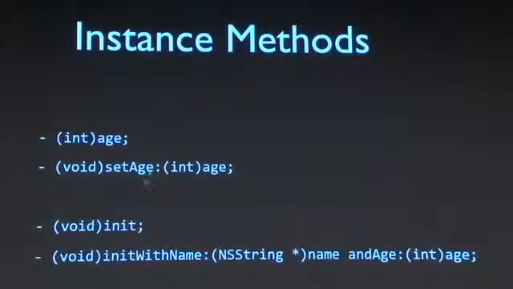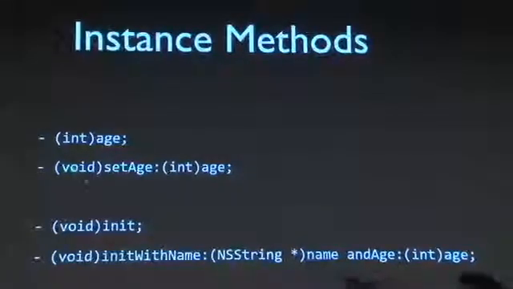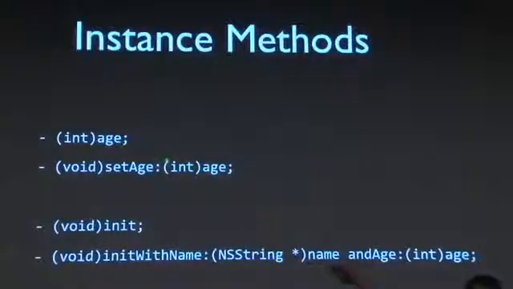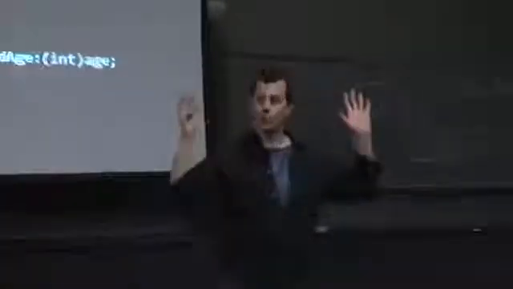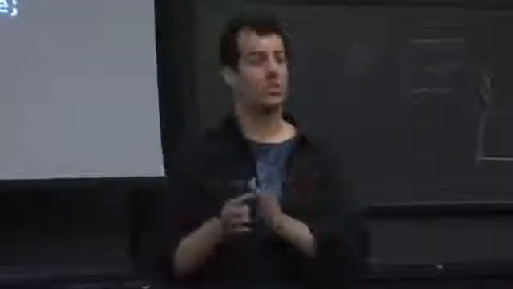When you want to pass parameters in Objective-C, we're going to use colons quite a bit, not parentheses as you might in Java. So set age is a setter. It doesn't return anything, but it does take as a single argument an integer that we will call age. This, too, is an important convention for reasons we'll soon see. When you implement getters, just call it by the name of the value you want to get. Don't say the word get.